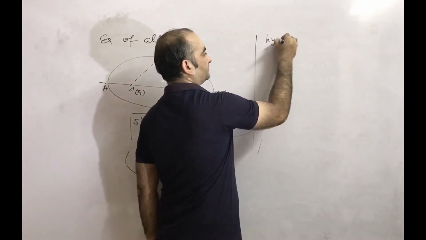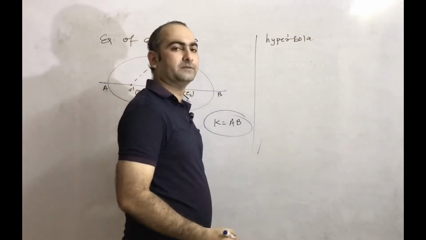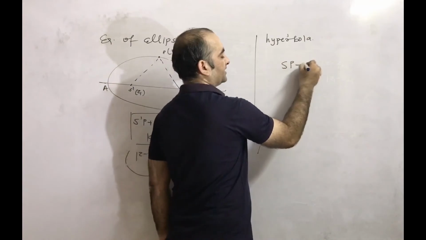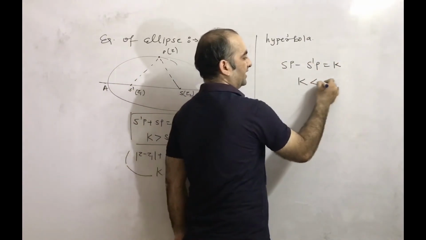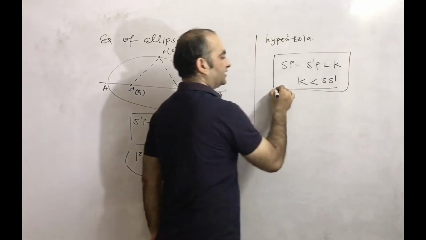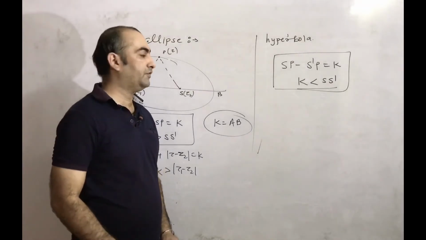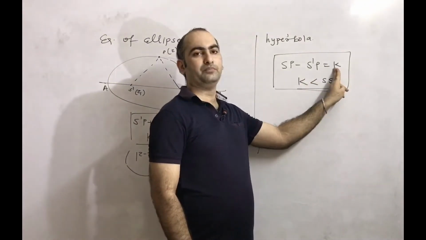Next we are discussing the hyperbola. For a hyperbola, the condition is SP minus S dash P equal to k. If k is less than S dash S, then this represents a hyperbola equation where S and S dash are the foci and k is the length of the major axis.